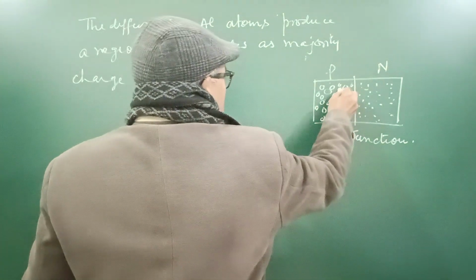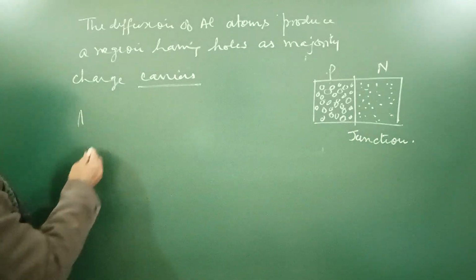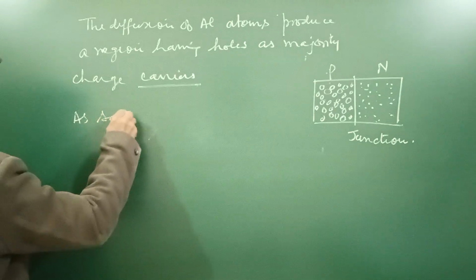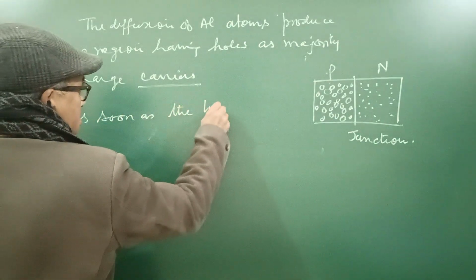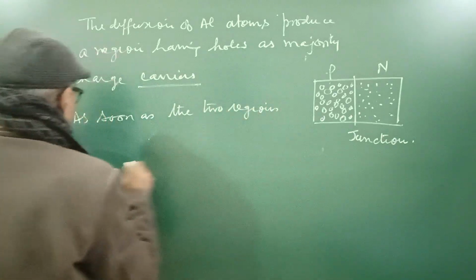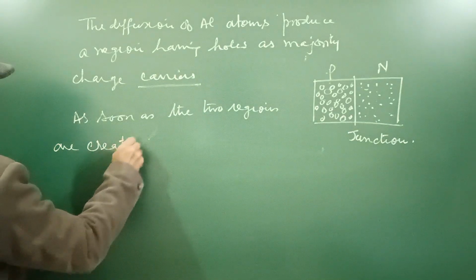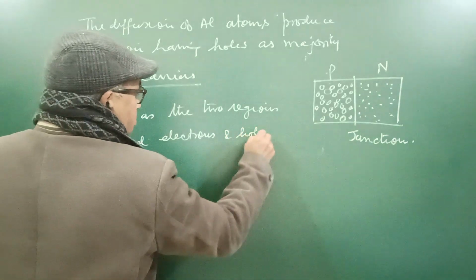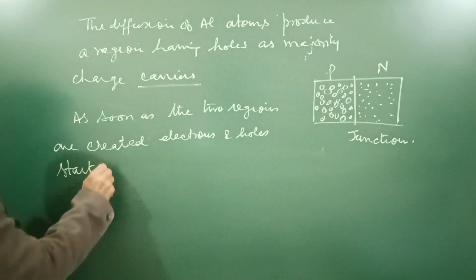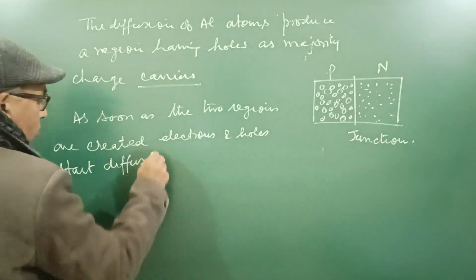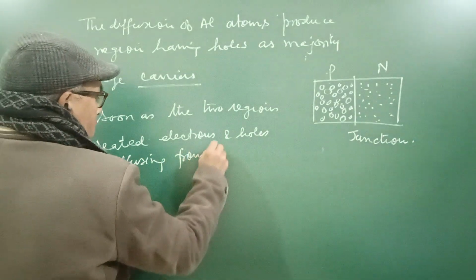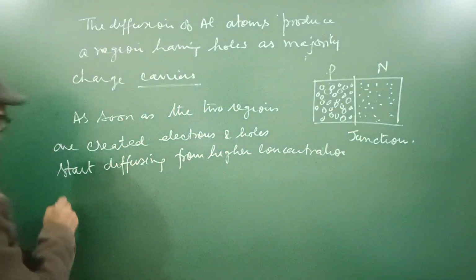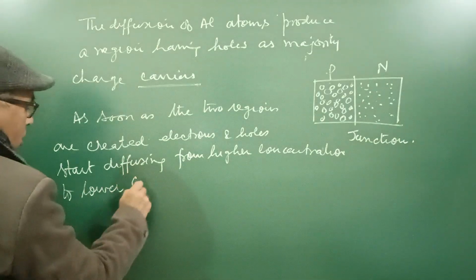So as soon as the two regions are created, electrons and holes start diffusing from higher concentration to lower concentration.